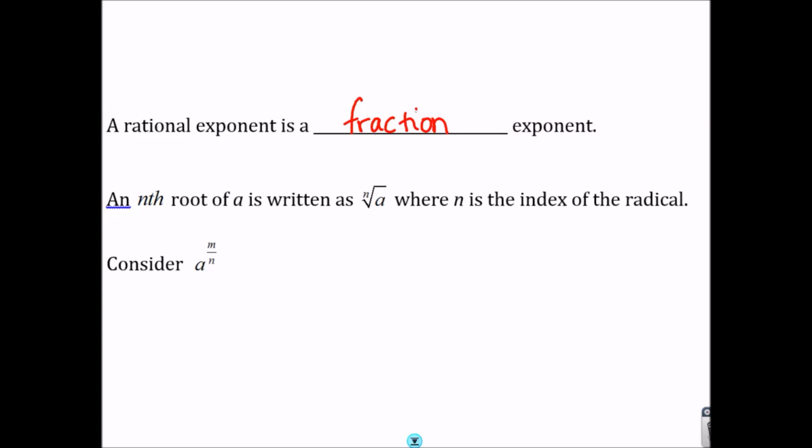An nth root of a, where n is the index, would be rewritten in rational exponent form as a to the 1 over n power. So whatever the index of the radical is, that will be the denominator of the rational exponent.